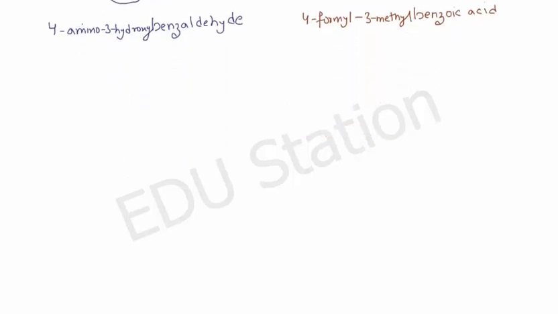Now, say we have two isomers. Isomer means they have the same molecular formula. These two form the fundamental of naming. So this is very important.